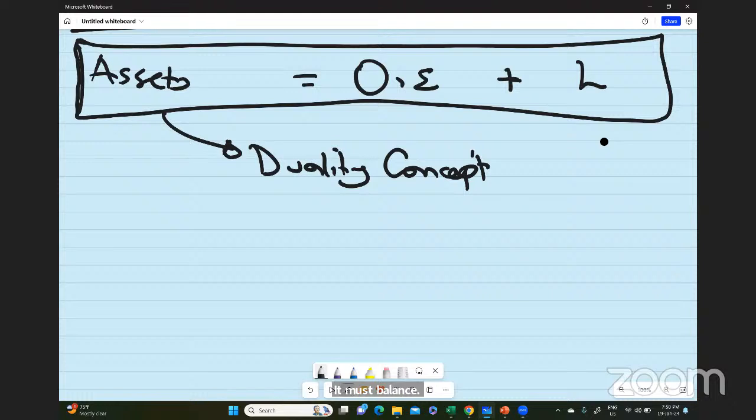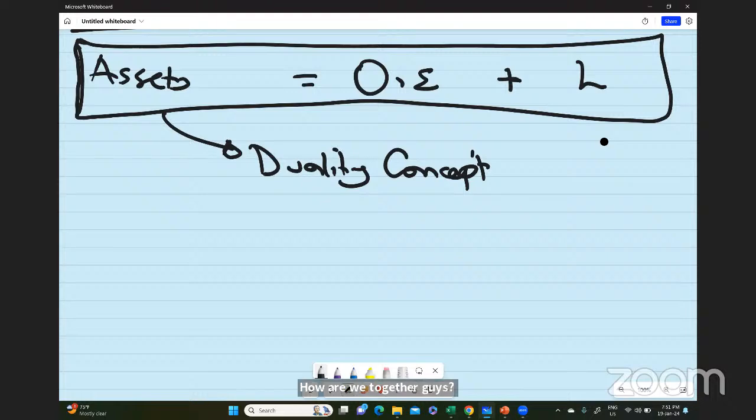Meaning, as we enter a transaction, if we perform that concept of duality, it will never change this equation. The figures might change, but the balancing will never change, if duality is done very well.